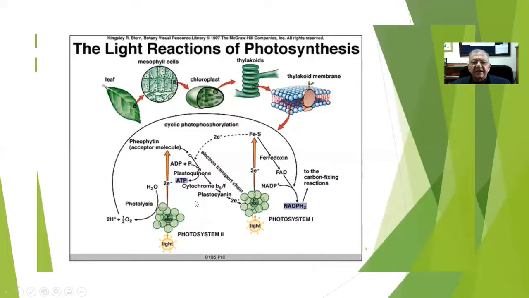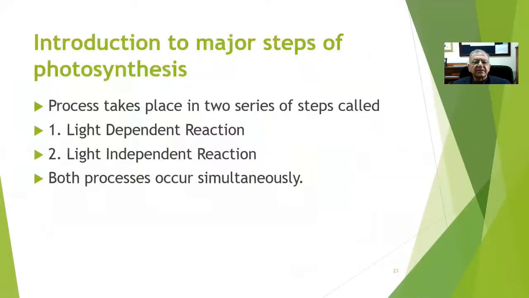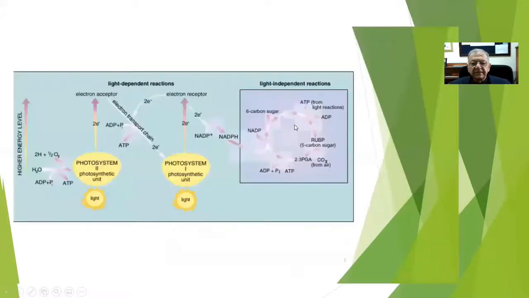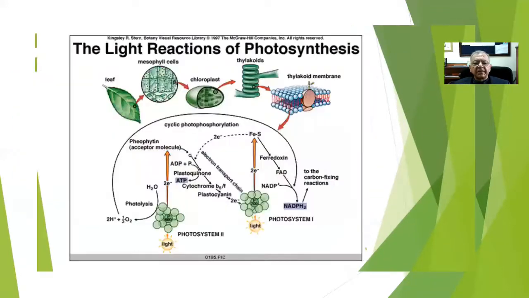Now let us look at other slides. This is one simple slide which shows again photosystem 2, and then acceptor, electron transport chain, and then photosystem 1, and then formation of NADPH. This is another slide which shows photosystem 2 and photosystem 1, which we have already explained.